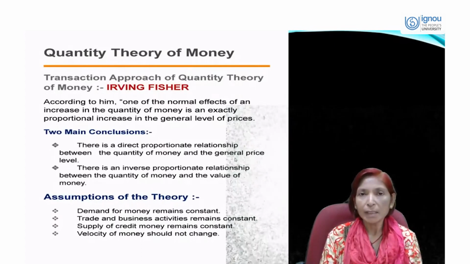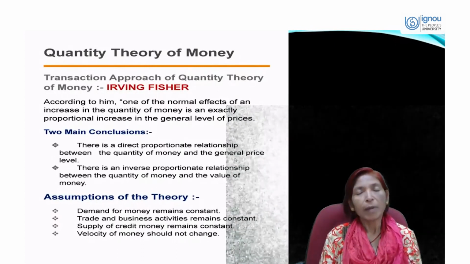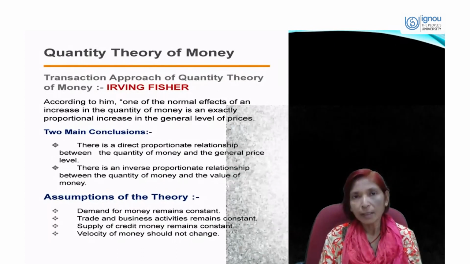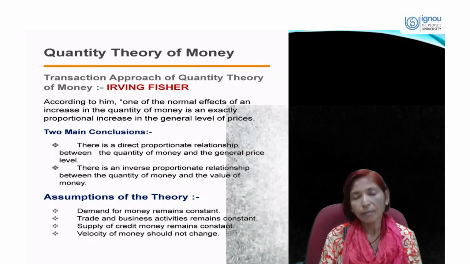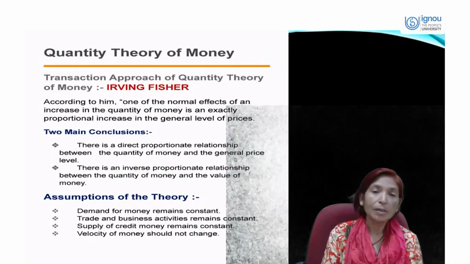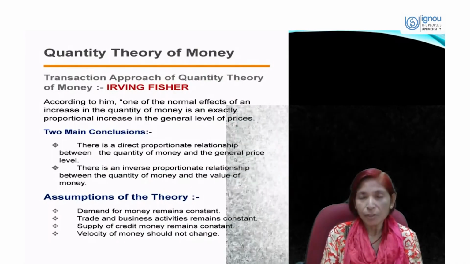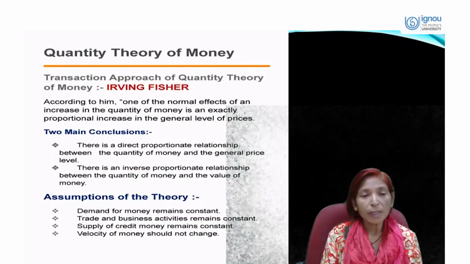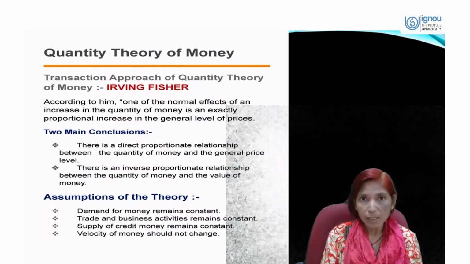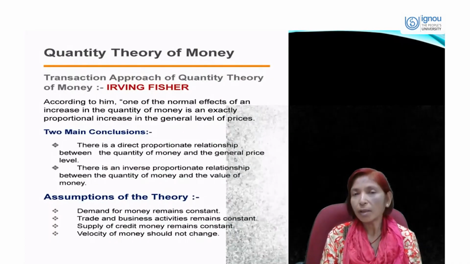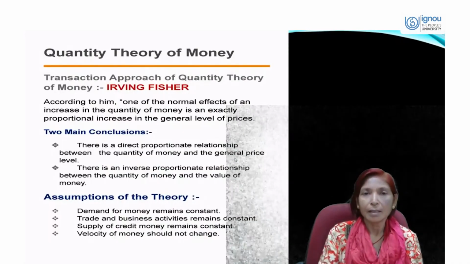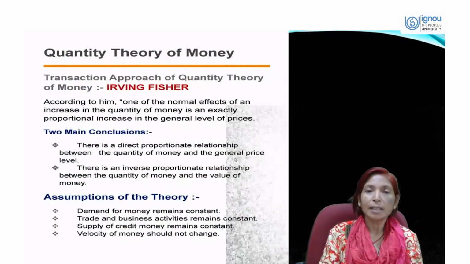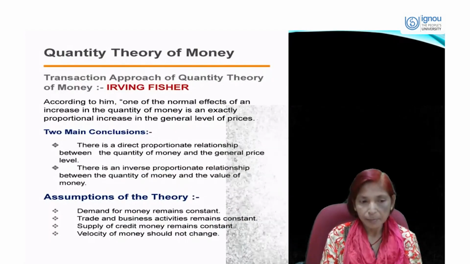Demand for money, demanded by the people of the country, can never remain constant. So this assumption is also unrealistic. But Fisher assumed these things to prove his theory accurate. He assumed that all those things which can affect his theory remain constant.